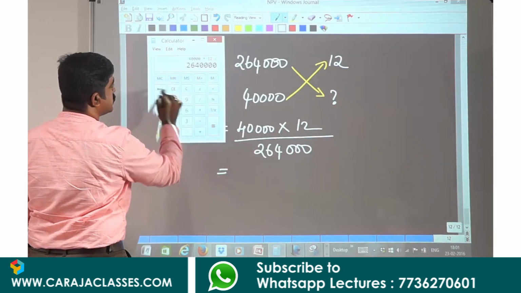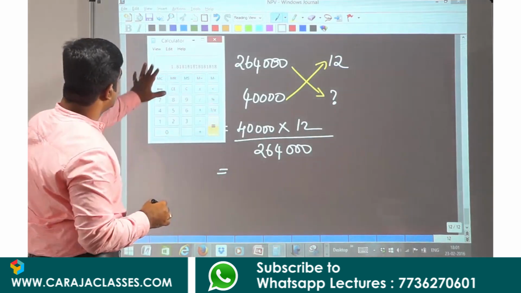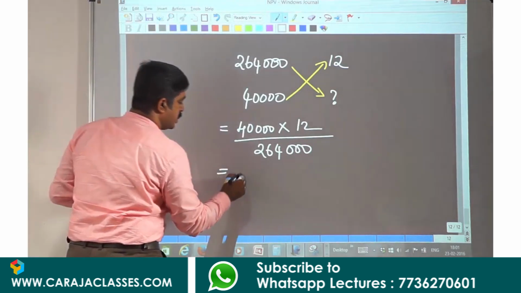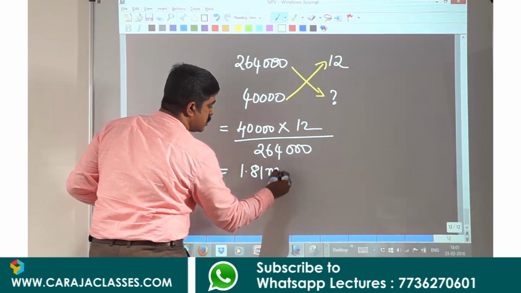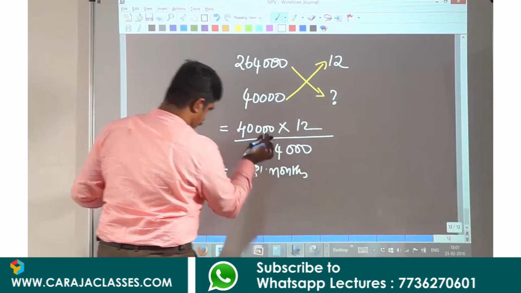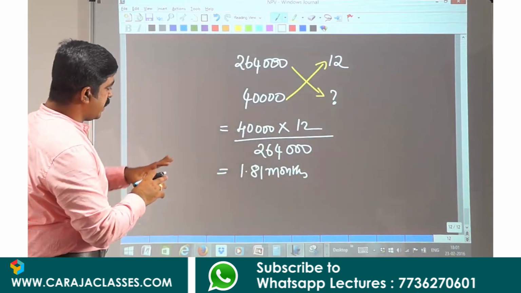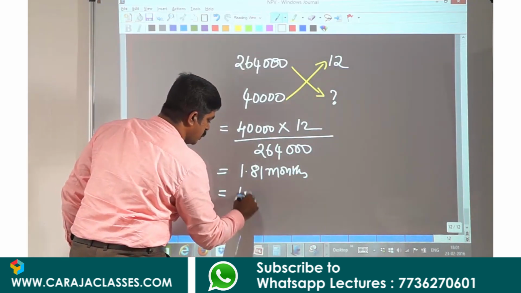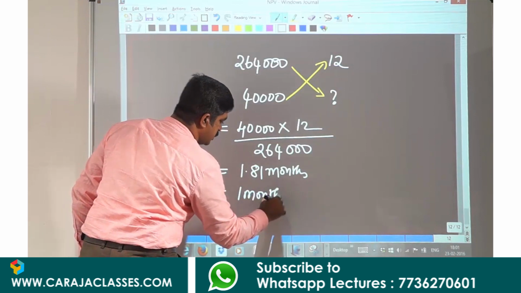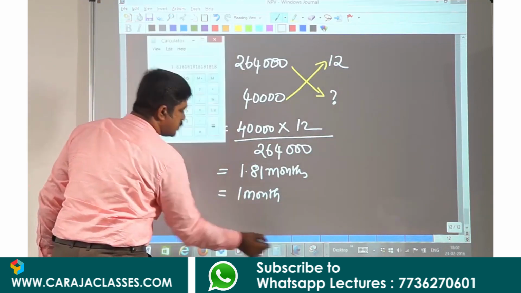So how much is it? It gives me 1.81. That is, it takes 1.81 months to recover 40,000. And if I express this fully in period terms, it is going to be 1 month, and this 0.81 can also be expressed in time period.